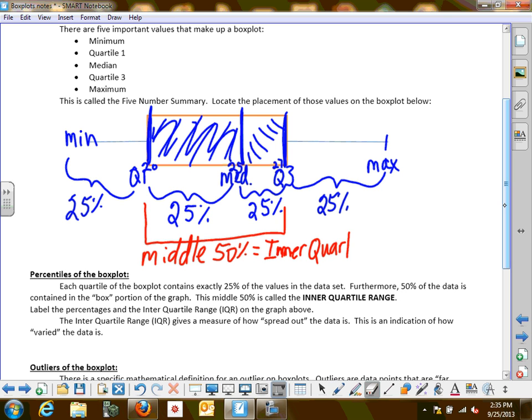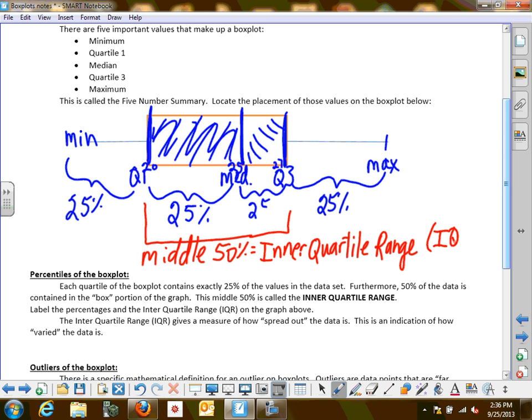Sorry, I'm having trouble with that word inner, because I even did it wrong on the simulator. Inner quartile range. That is always referred to as IQR.